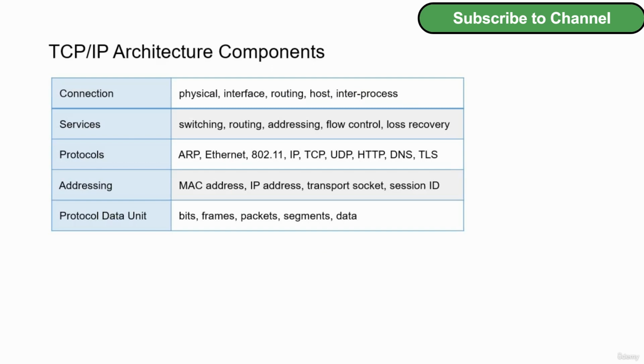And then finally, there's these TCP/IP architecture components. The purpose here is just to show you that there's 5 different components at each layer. You can really specify something at each layer that defines the layer itself, and they're all described here. A connection, for example, you've got a physical connection at layer 1. Then at layer 2, it's an interface connection.